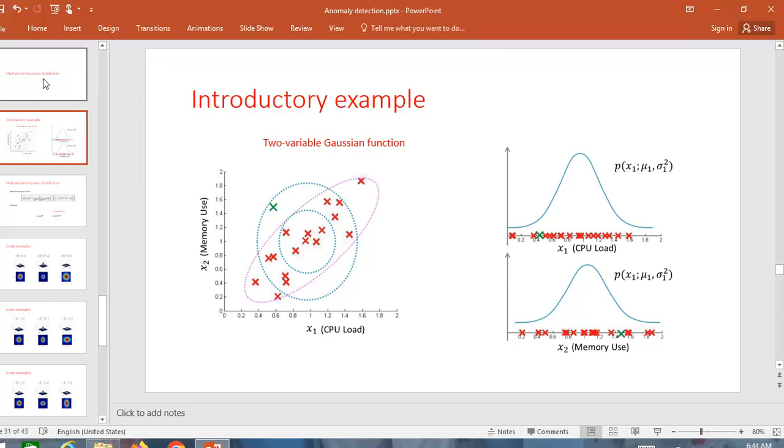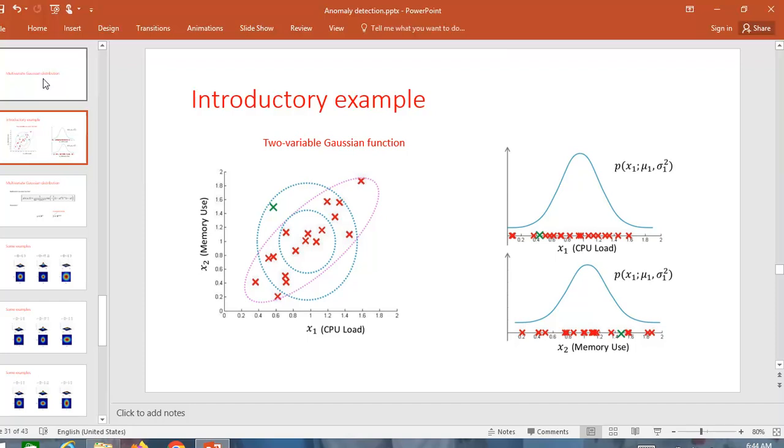As a result, the output of this relationship is finally a number. This number is the probability. In order to have this distribution, we must have mu and the covariance matrix.